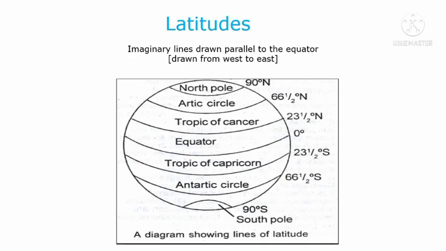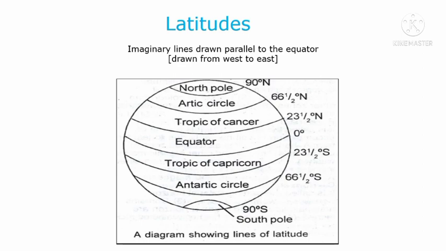So the latitudes are the imaginary lines in the form of a circle drawn parallel to the equator from west to east, and there is 1 degree difference from one latitude to the other latitude. The important and the longest among the latitudes is equator.